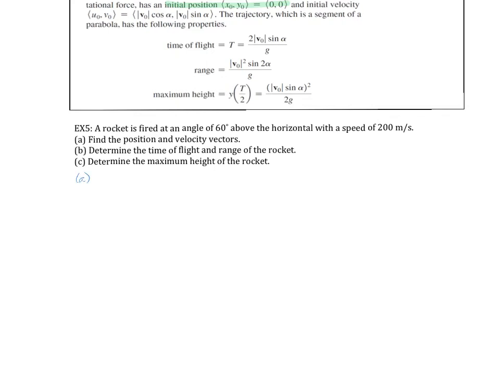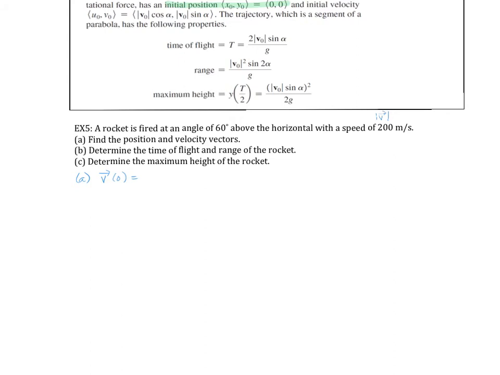Let's look at part A. Well, our initial velocity, we don't have that vector. The most I can say is it's fired at an angle of 60 degrees. And I know the speed, so remember the speed is the magnitude of our velocity vector.